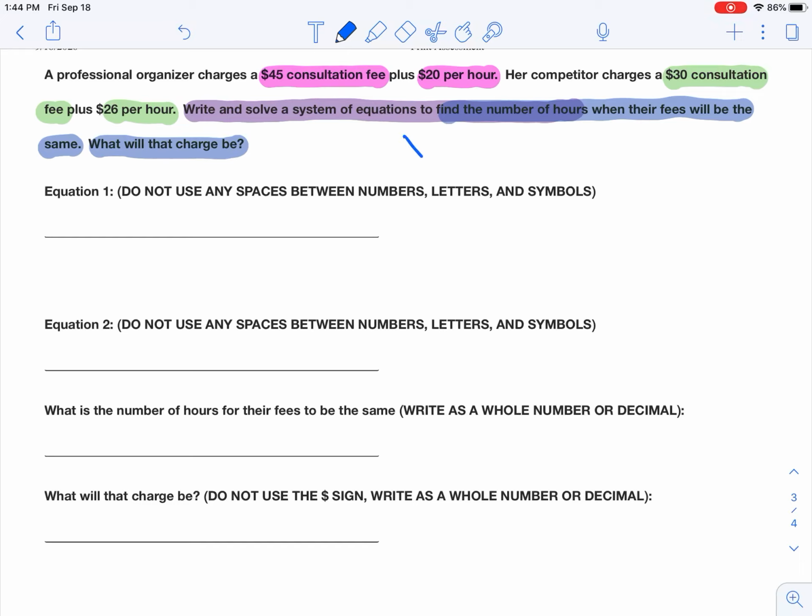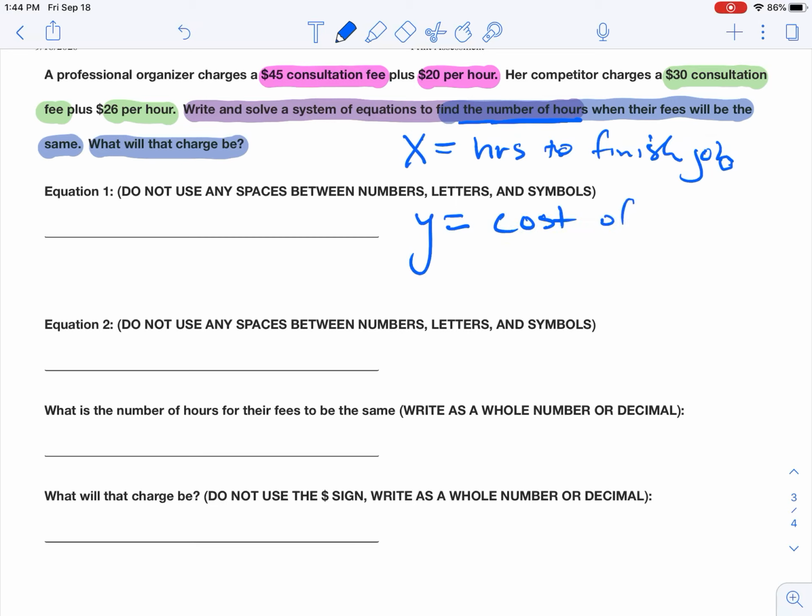Let's just say that X is the number of hours to finish the job, because that's what we're ultimately going to find. And Y is the cost of the project, the professional organization project.